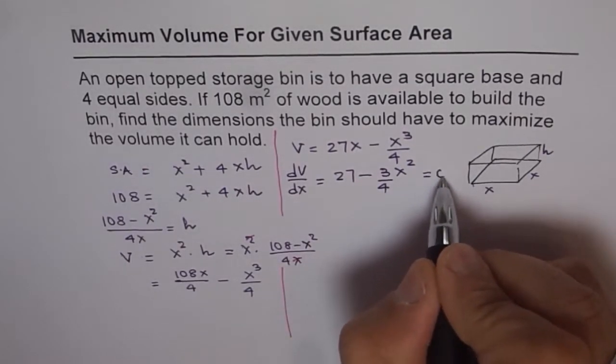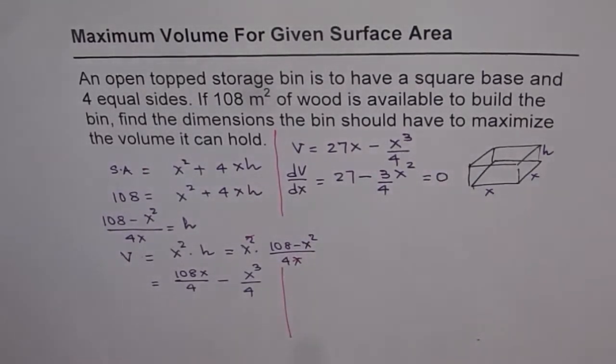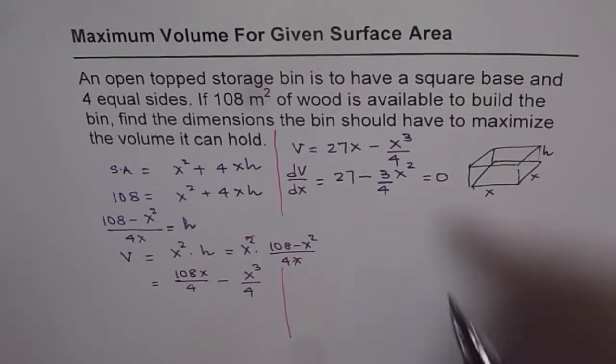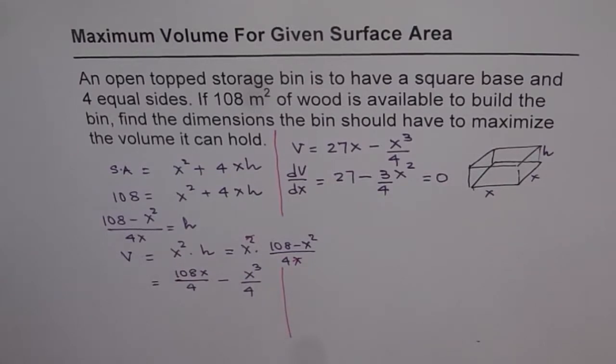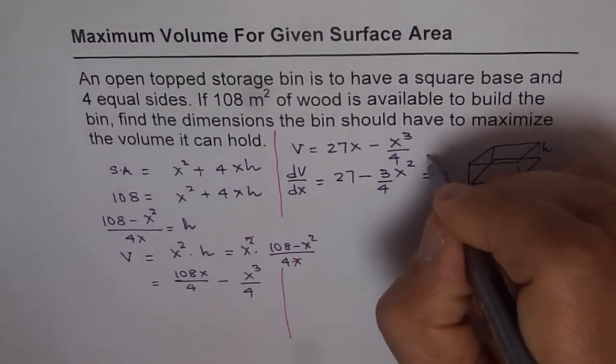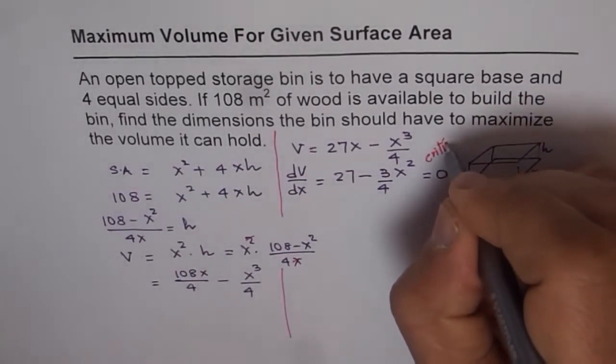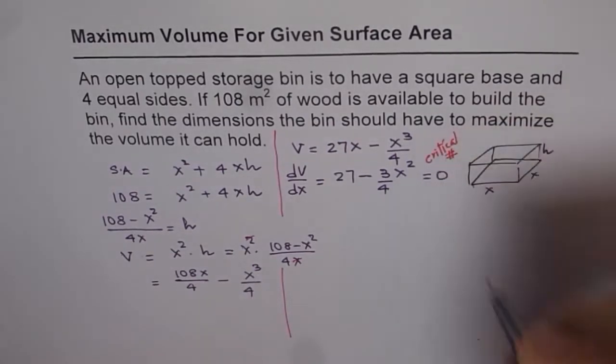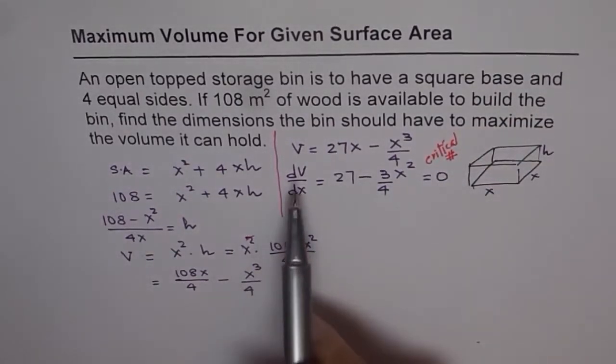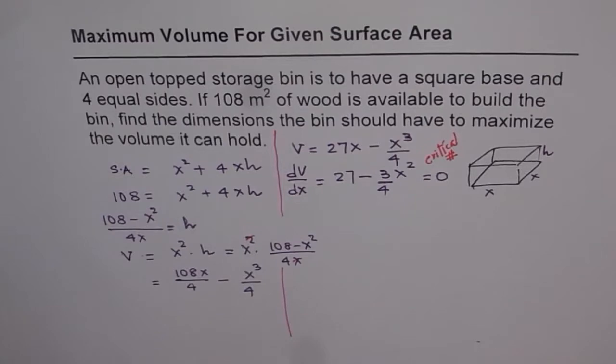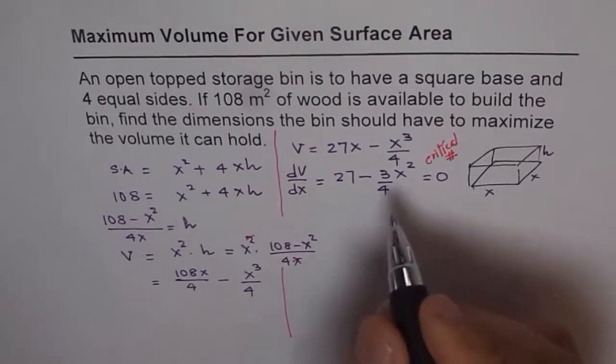So we'll equate this to 0 just to find the critical number, right? So to find the critical number, we'll equate dV/dx equals 0 and then solve for x, correct?